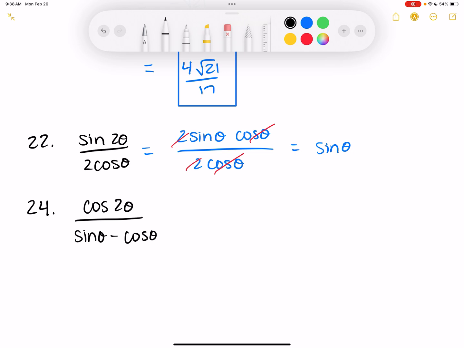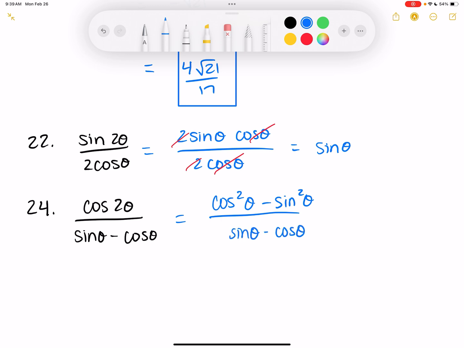And you may get to a point where you realize you picked the wrong one and you have to pick a different one. But what formula of cosine of 2 theta involves sine and cosine? Because that's where I would typically try to start myself. Cosine squared theta minus sine squared theta over sine theta minus cosine theta.